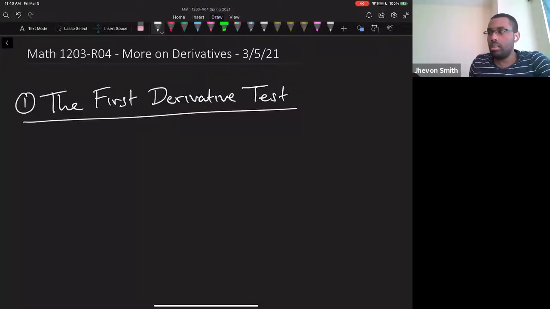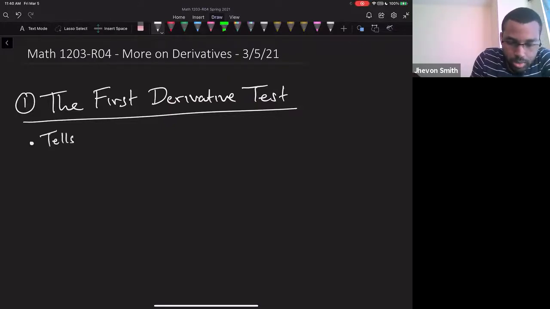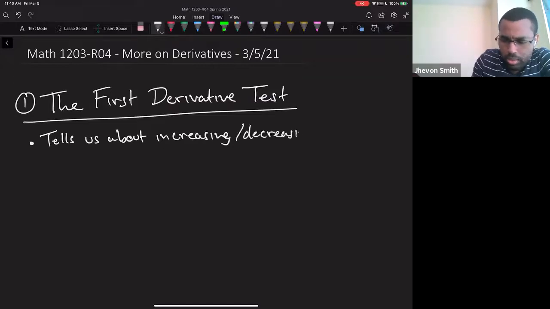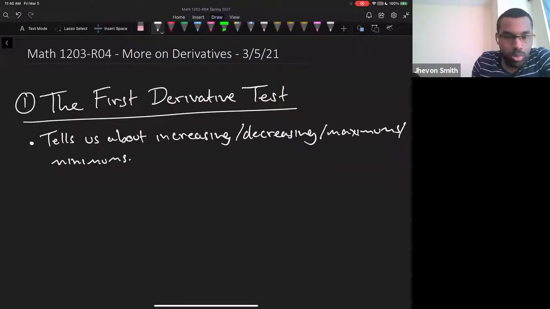Okay, what is the first derivative test? Well, what does it tell us about? Increasing, decreasing, maximums, minimums. So if you're interested in, is my function moving up as I go from left to right? Is it moving down as I go from left to right?